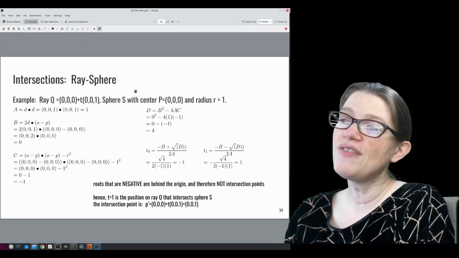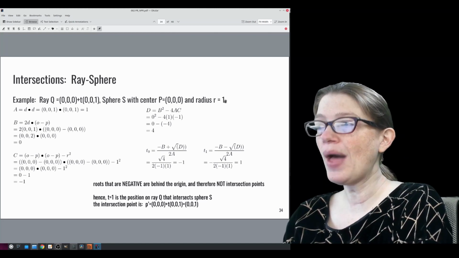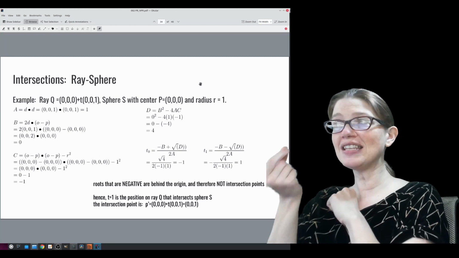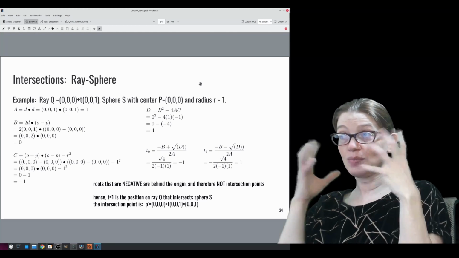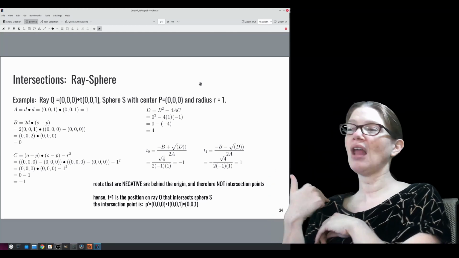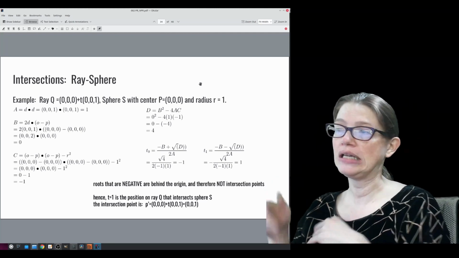We have a sphere that has center 0 and radius 1. So picture this. The ray is originating inside the sphere, so we know that the ray is going to pierce the sphere in exactly 1 spot. I can even tell you what it is off the top of my head. It's going to pierce it at 0, 0, 1.